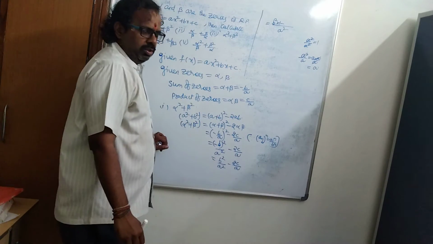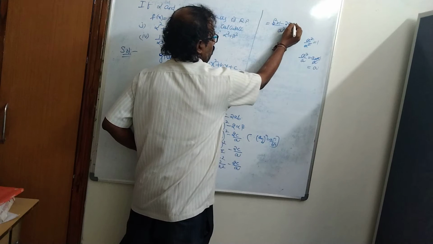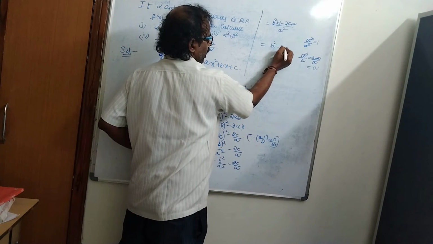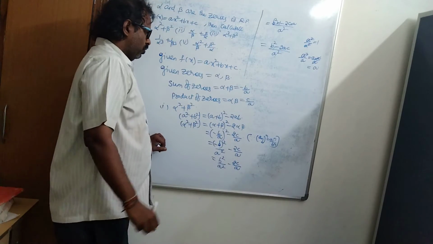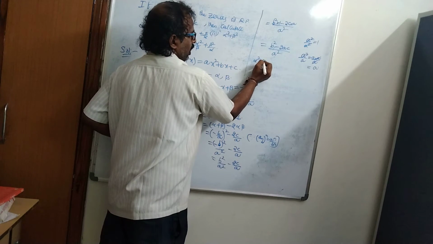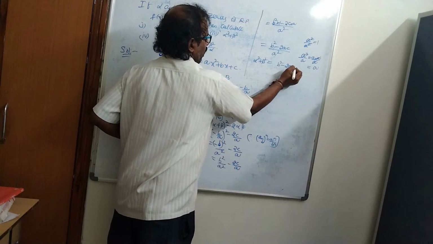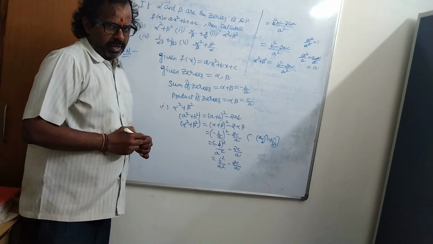We get the leftover a, minus 2c into a. So that is equal to b square minus 2ac by a square. So this is your alpha square plus beta square is equal to b square minus 2ac by a square.